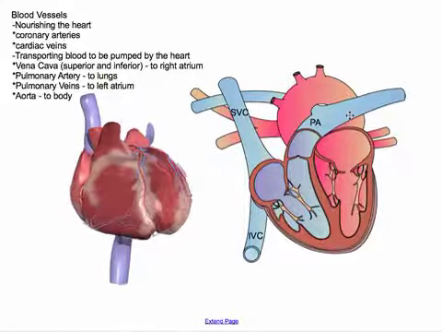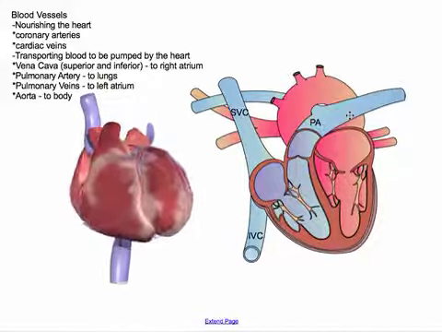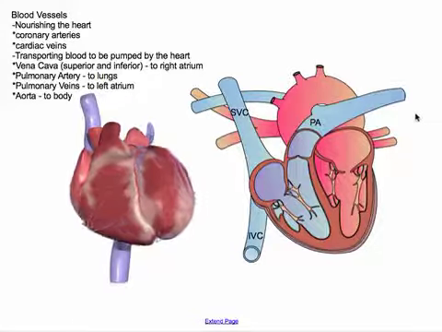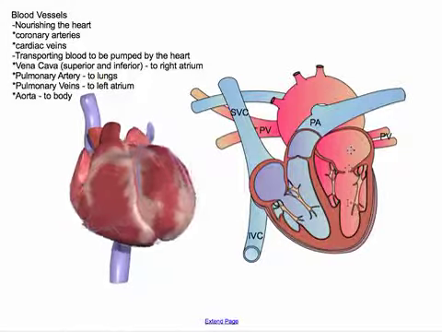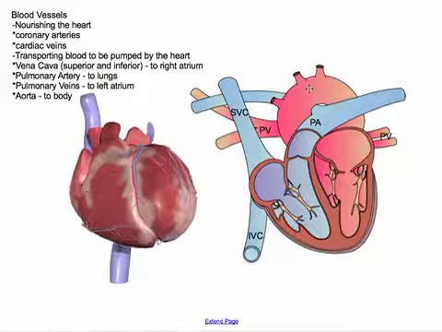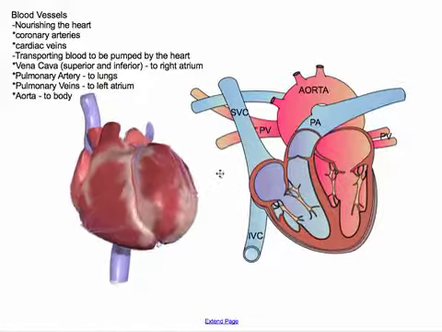So the pulmonary artery is pumping blood away from the heart to the lungs to pick up oxygen. When it's picked up oxygen, it sends the blood through the pulmonary veins into the left atrium. That left atrium then pumps it down to the left ventricle and out into your major, huge, important blood vessel called the aorta. Now, we will talk about these branches from the aorta later, okay?